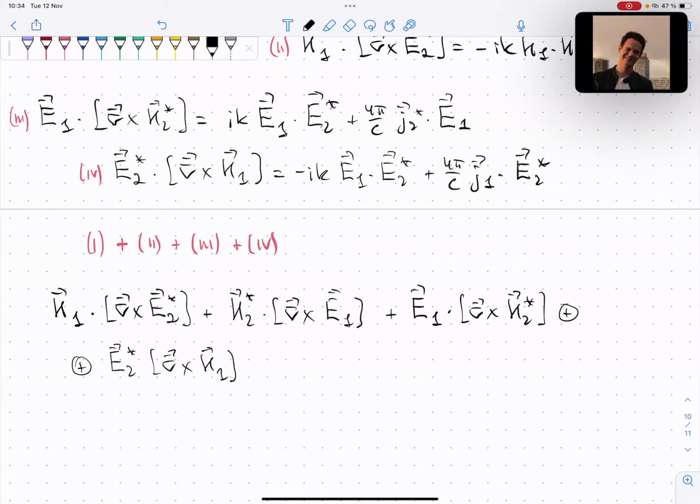And it seems that I made some mistake. Let me check. Here should be plus. Here should be plus. And here should be minus. Here should be minus. And I think that here should be minus.